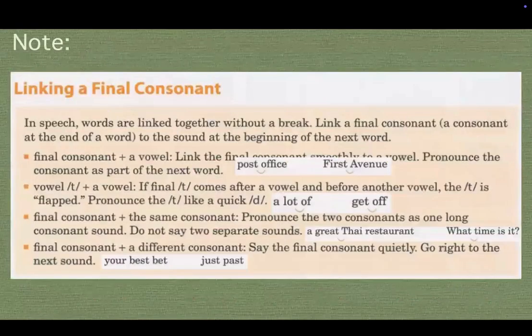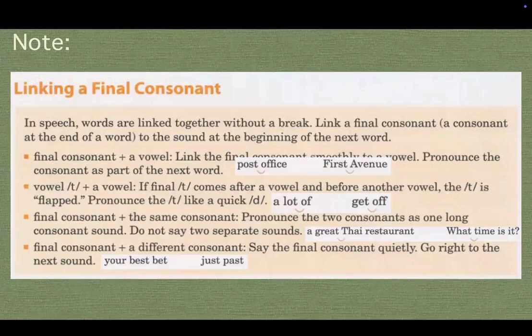Okay, so we have some notes on linking a final consonant. In speech, words are linked together without a break. Link a final consonant, a consonant at the end of a word, to the sound at the beginning of the next word. First, a final consonant with a vowel. Link the final consonant smoothly to a vowel and pronounce the consonant as a part of the next word. For example, the phrase post office.